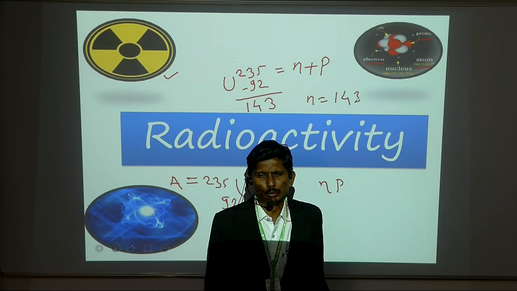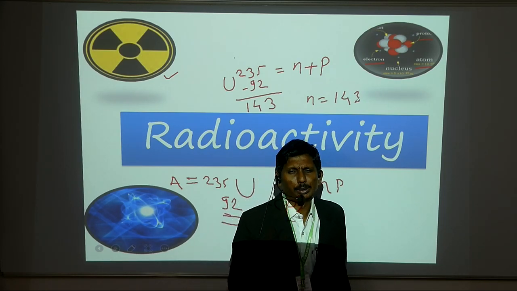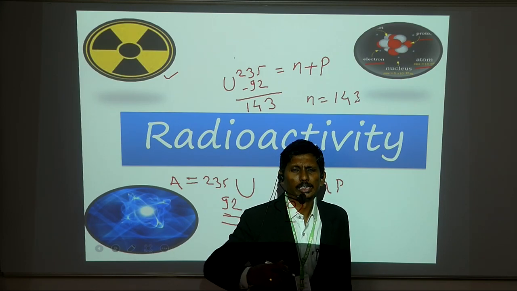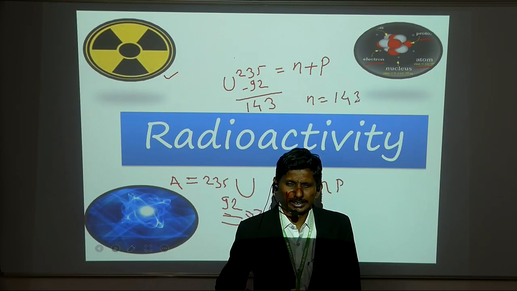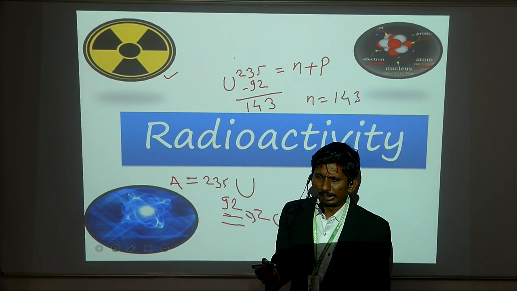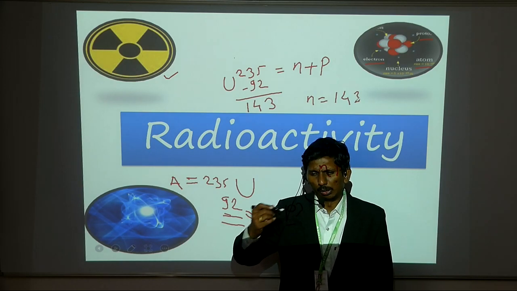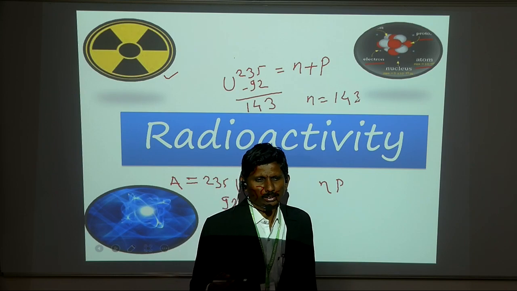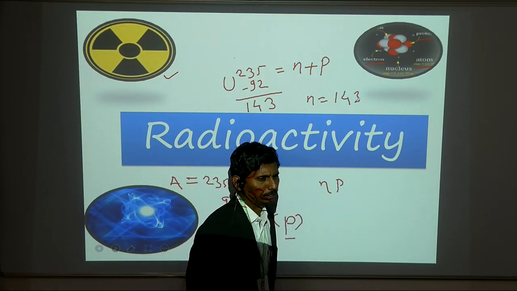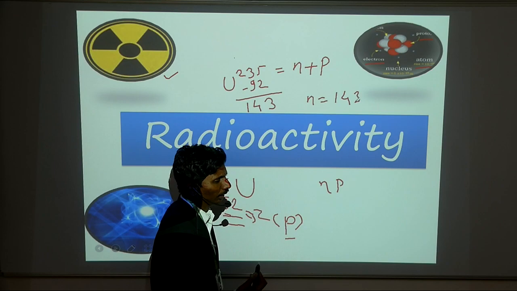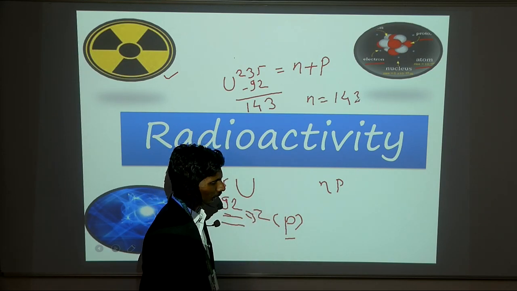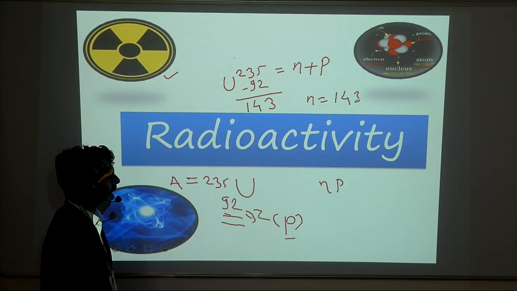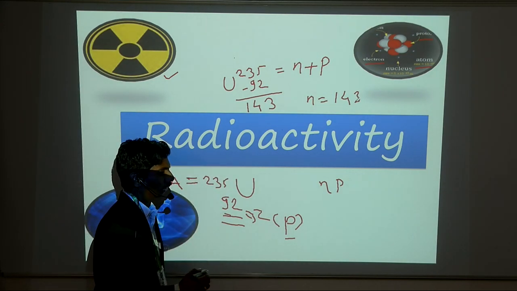To balance the nucleus, or to retain a stable nucleus, a nuclear reaction takes place, and sometimes the radioactive phenomenon occurs. Radioactivity is a spontaneous, natural phenomenon, but nowadays we also have artificial radioactivity. Initially it was natural, but when we understood the physics behind it, we came to artificial radioactivity.